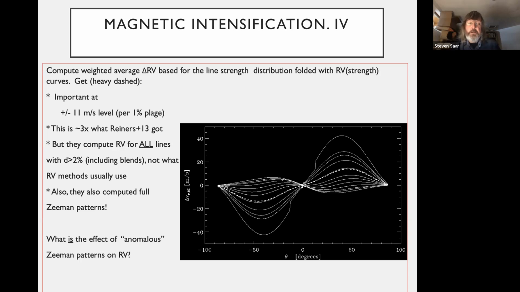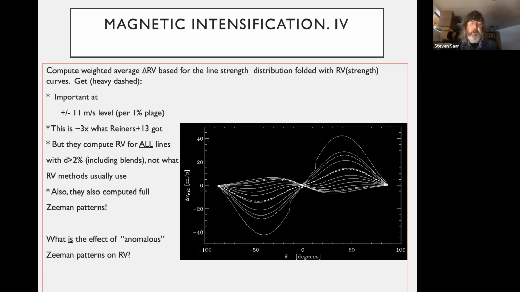This is about 3 times what Ansgar got from a somewhat similar calculation in 2013. But they also did some things a bit differently. They computed the radial velocity for all the lines that are stronger than about 2% in the spectrum, including lots of blends, which are not generally used for RV calculations.